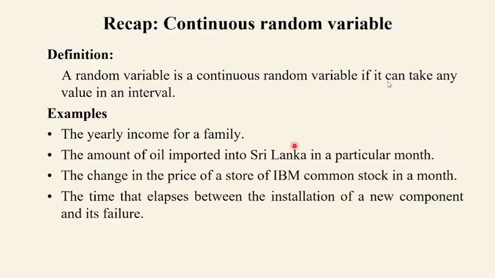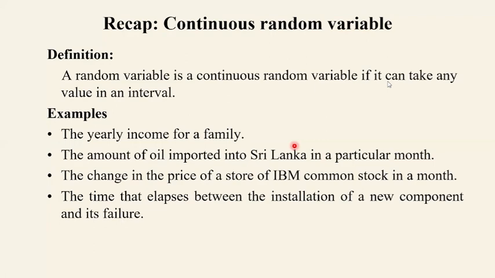Now we are coming to today's session, continuous random variable. So a random variable is a continuous random variable if it can take any value in an interval, right? So actually for the continuous random variable, we cannot list specific values, right? Always we have to specify the values of the random variable in an interval form.